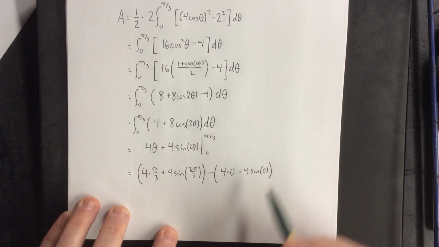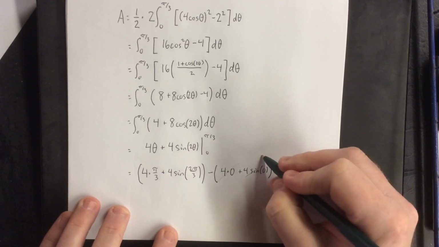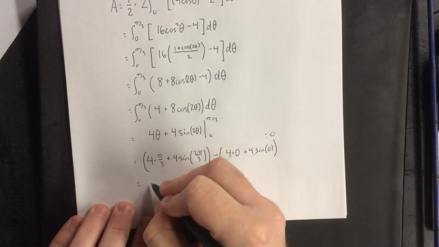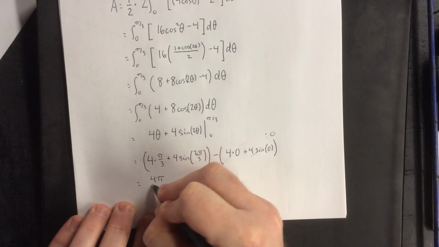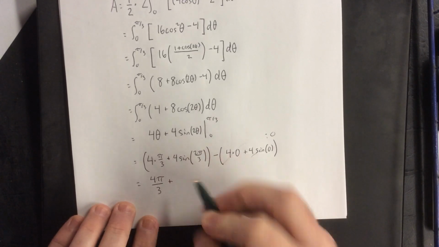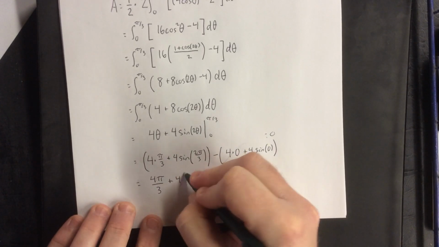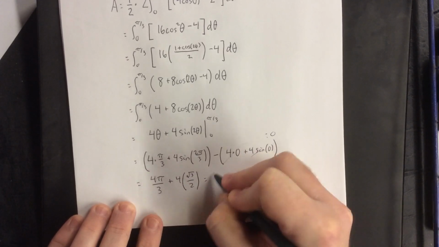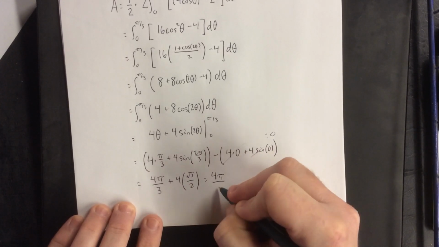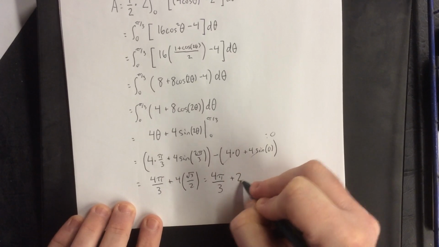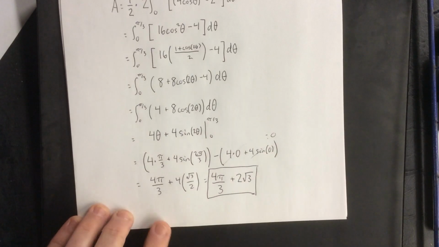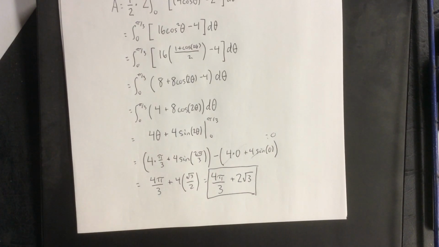Good news is, all of this is a lot of 0. So we simply need to evaluate what we have over here. This would be 4 pi over 3 plus 4 times sine of 2 pi over 3, which is root 3 over 2. So final answer for this one is going to be 4 pi over 3 plus 2 square roots of 3. That will be our final answer for this area.